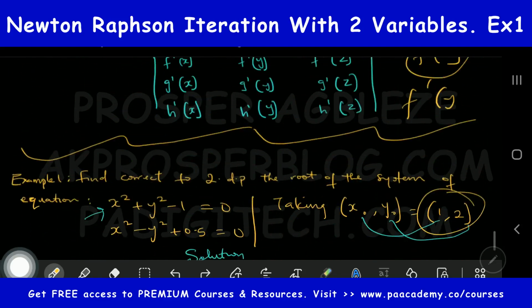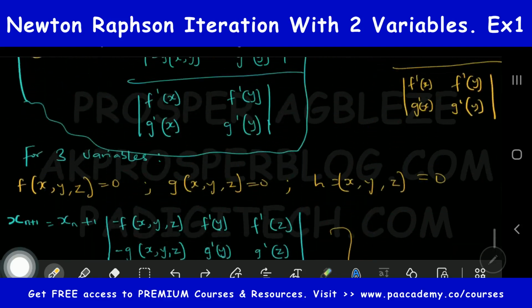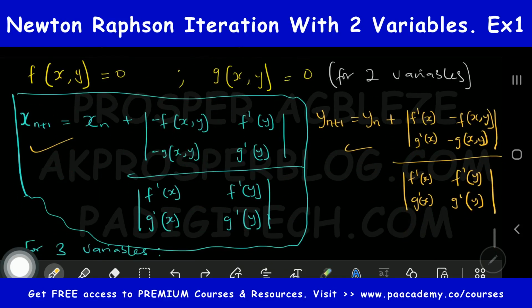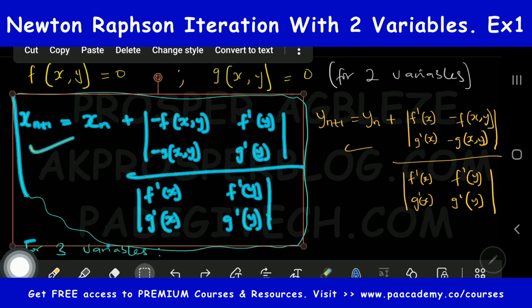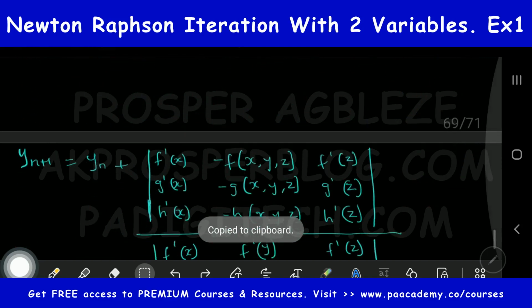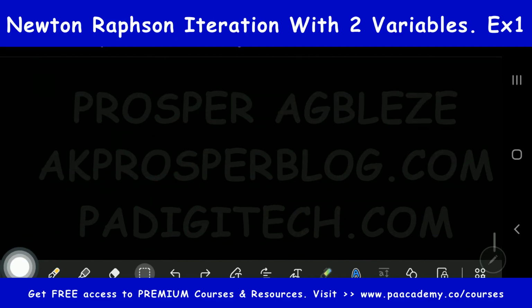Let me see if I can just copy it instead of rewriting it again. So you can see this general formula. Let me copy it right here for x, and paste it so that we can put in the values.